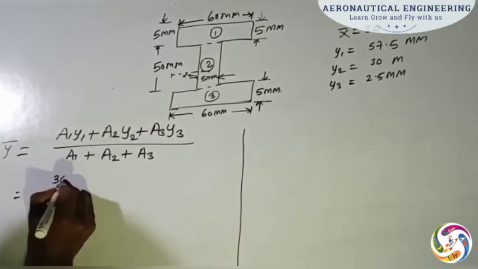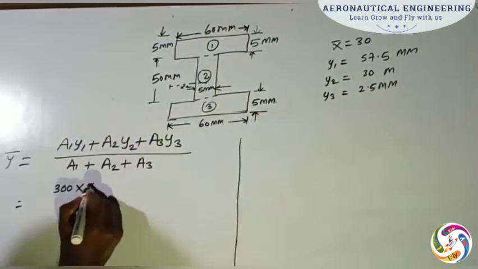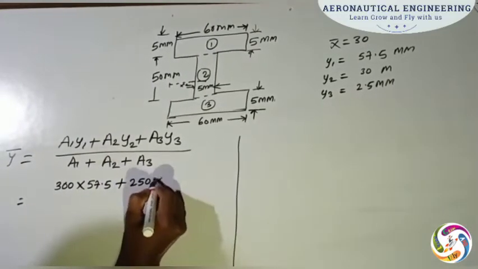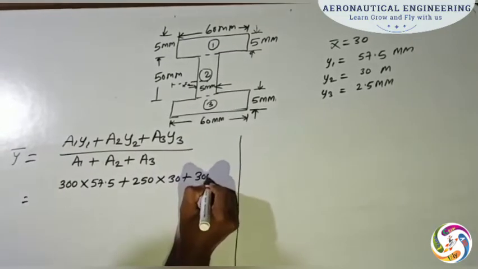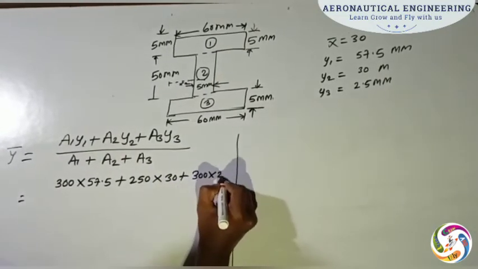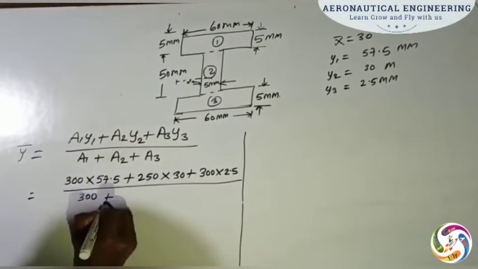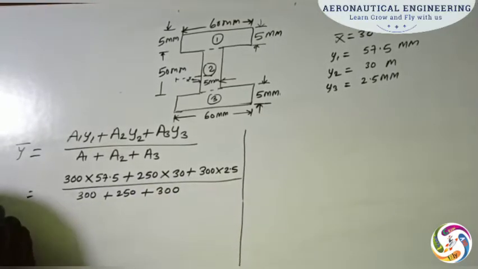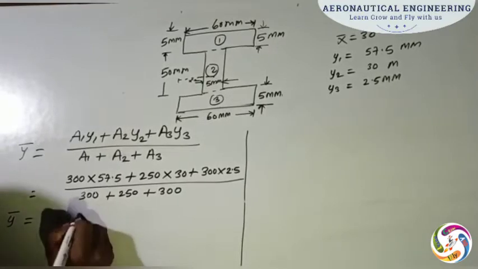The A1 value is 300 into the y1 value, given as 57.5, plus the A2 value 250 into the y2 value 30, plus the A3 value 300, the y3 value 2.5, divided by 300, 250 plus 300. If we calculate this, we will get the y bar value as 30 mm.